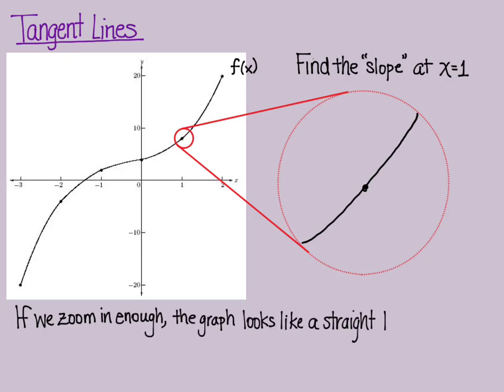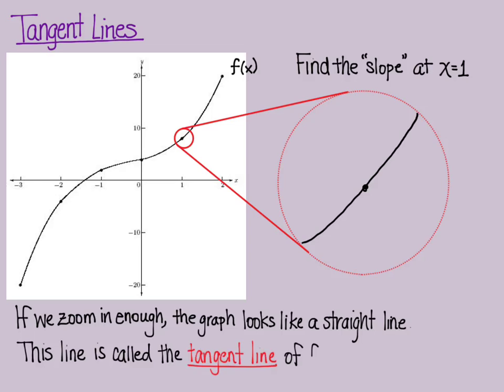We just find the change in y over the change in x. So if we zoom in enough and the graph looks like a straight line, we call this line the tangent line of f at x equals 1. I've shown you the tangent line in this graph in purple. The tangent line is the graph that's approximately the same as the line when we zoom in to the graph at a point.